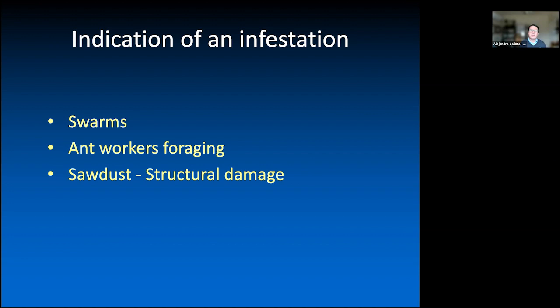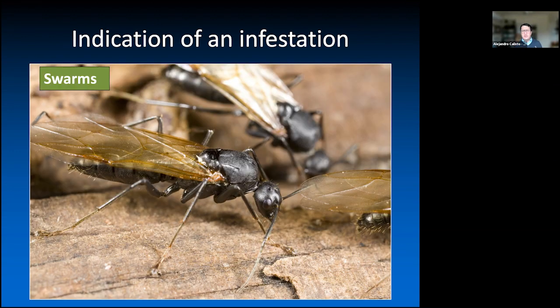So some recommendations: how do you know if you have an infestation? One is, as I mentioned when I was explaining the different castes the ants have, during the spring they have what are called nuptial flights.